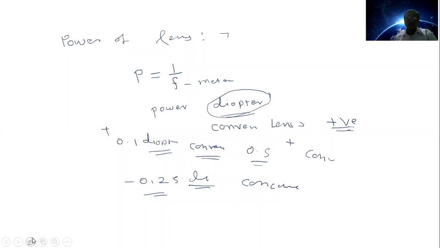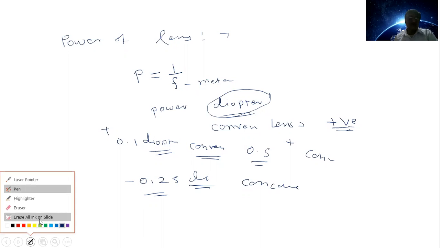Power is the reciprocal of focal length. That is, P is equal to 1 upon F. Now if we have the equivalent focal length, suppose 1 upon F is equal to 1 upon F1 plus 1 upon F2.